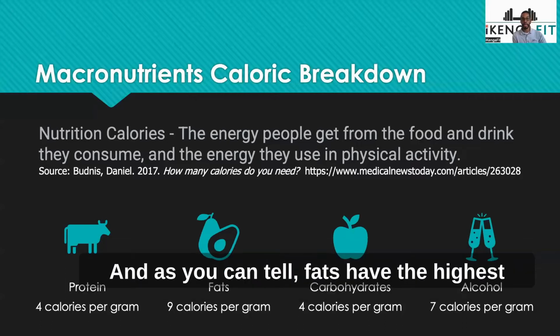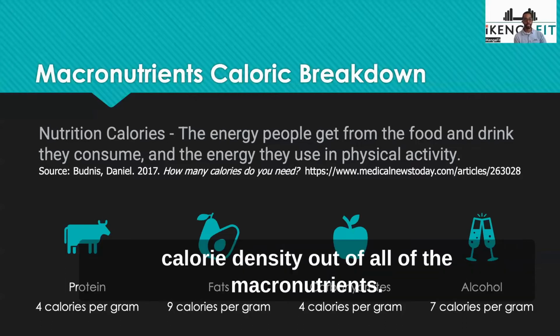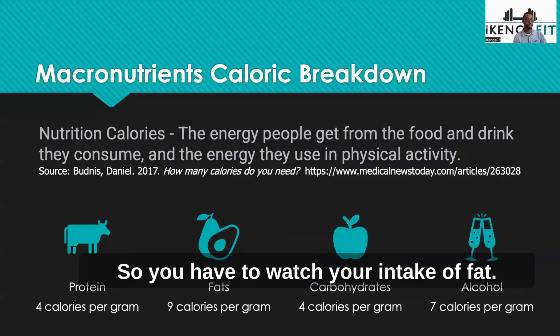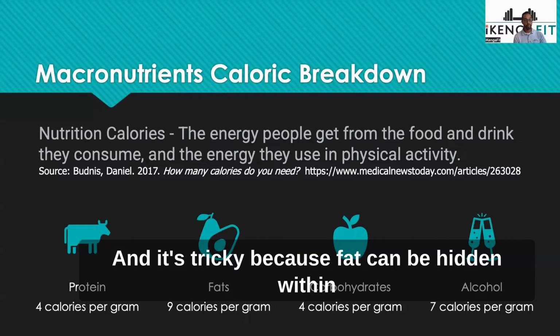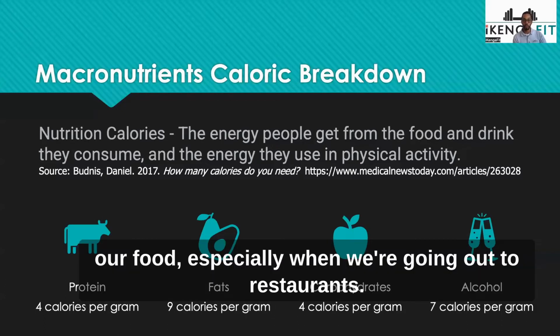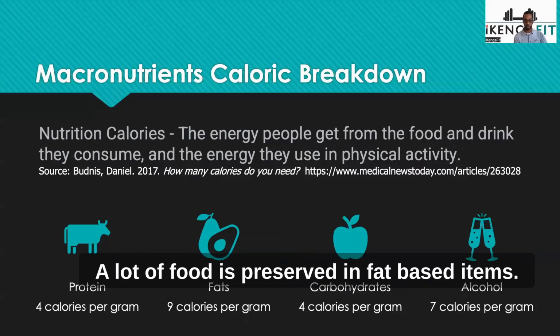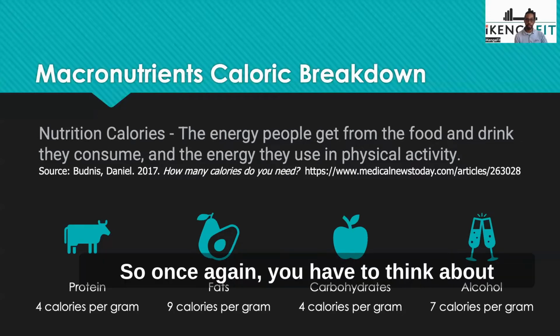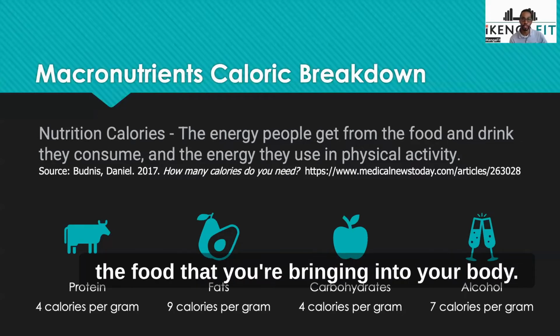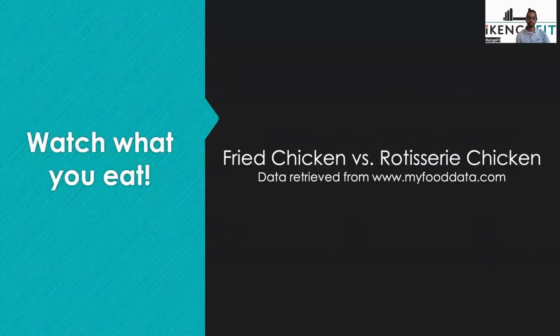As you can tell, fats have the highest caloric density out of all of the macronutrients, so you have to watch your intake of fat. And it's tricky because fat can be hidden within our food, especially when we're going out to restaurants. A lot of food is preserved in fat-based items. So once again, you have to think about the food that you're bringing into your body.